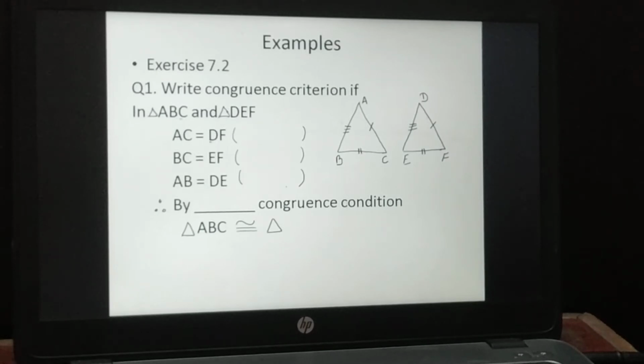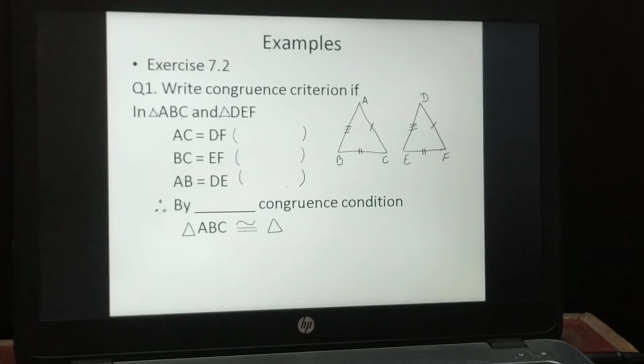If these two parts are equal, then in brackets we write down the reason. What is the reason these two are equal? And then we find out which congruence condition applies. According to the first triangle's name, we write the corresponding parts on the right hand side. This is the way to solve such types of questions.